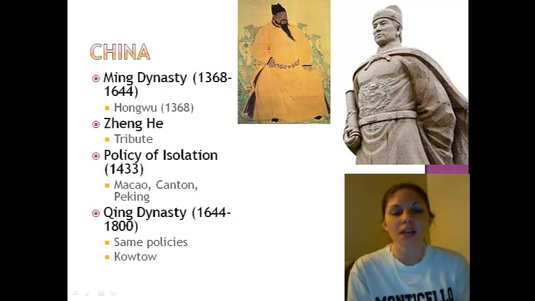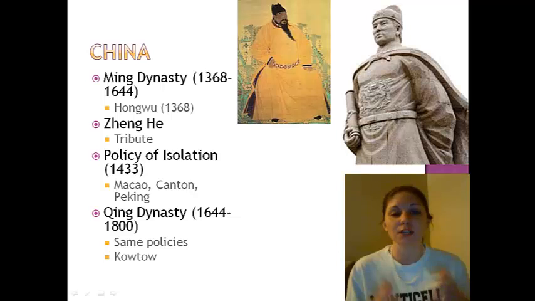Well, the Dutch and the British are perfect examples of this. The Dutch accept this, they do the kowtow, and they're able to trade with China still. The British refuse to, and China refuses to trade with them. So that, in a nutshell, is what we need to know about China.